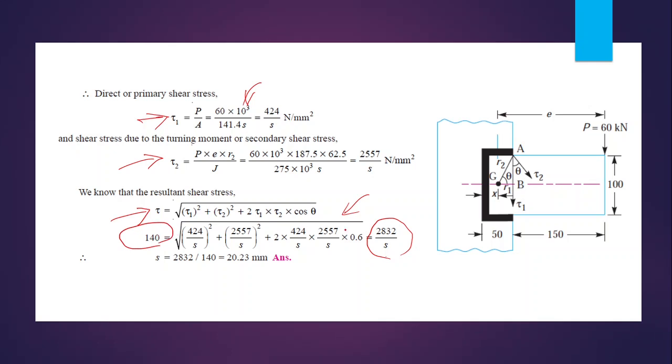By equating these two values, we can easily find out the value of S, the size of the weld. That size of the weld is equal to 2832 divided by 140, that is equal to 20.23 mm. 20.23 mm, the size of the weld. That is the final answer.